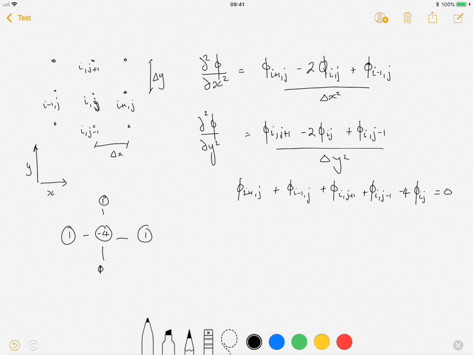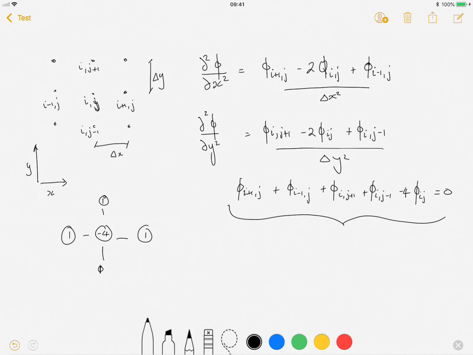Alright, so this term on the left, this phi term, is known as the Laplace operator, and if we specify boundary conditions at the boundary points of our grid, we can then solve for a unique solution. And the simplest boundary condition we can apply is just setting some value at the boundary, and this is known as the Dirichlet boundary condition.